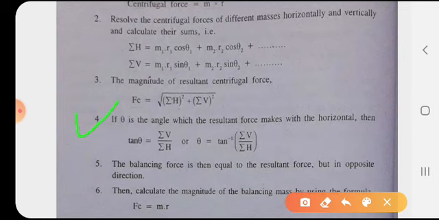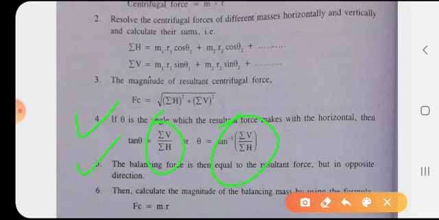Then tan theta equal to summation of V divided by summation of H, or theta equal to tan inverse of summation of V divided by summation of H.